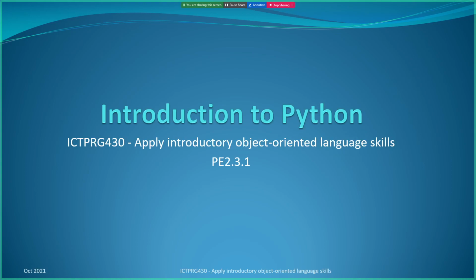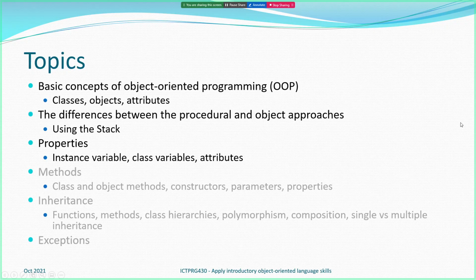Alright, welcome to Chapter 3 of Python Essentials 2. In this one we will be going over the concepts of object-oriented programming, which basically has classes, objects and attributes.